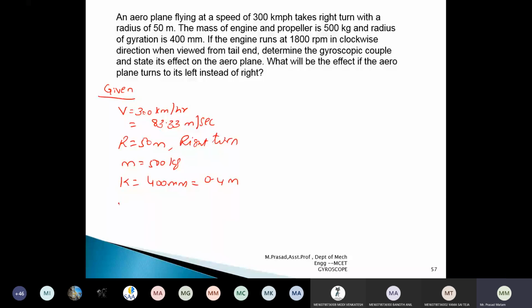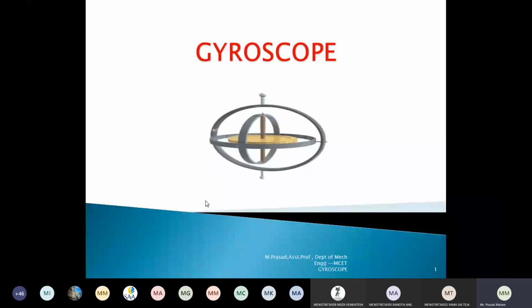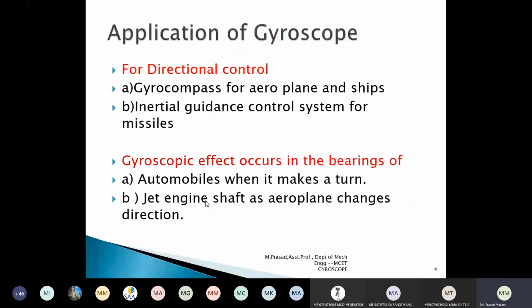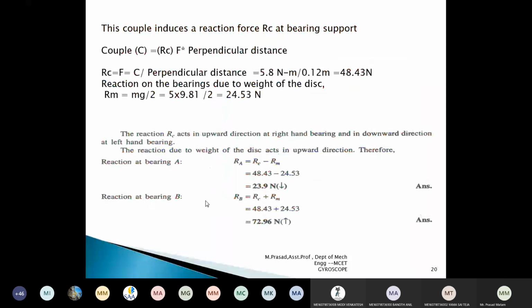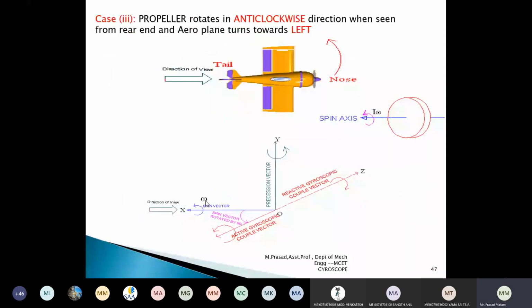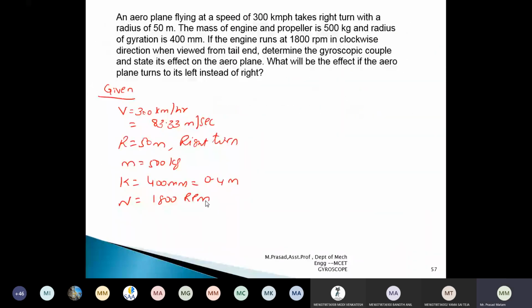Speed of the engine is N, 1800 rpm, clockwise. Here the condition is clockwise rotor taking a right turn.